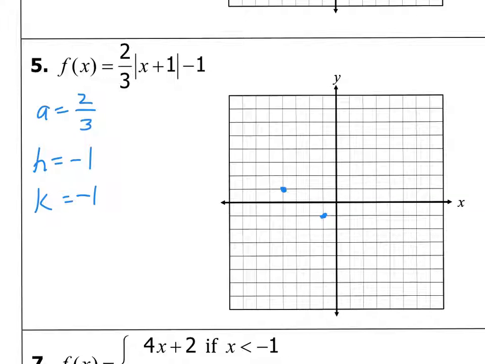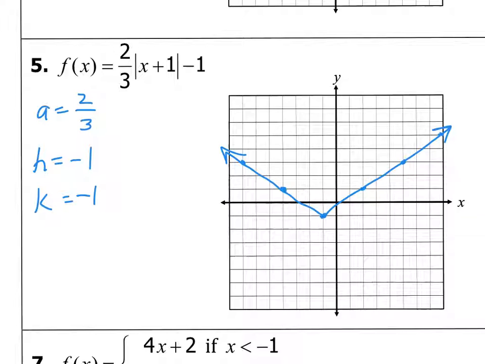So we're going to rise 2, run 3, and it's kind of laying down. It's being compressed along the x-axis. So we rise 2, run 3, rise 2, run 3, and now we can draw our lines in that direction and then in that direction, and you see it's gotten a little fatter.